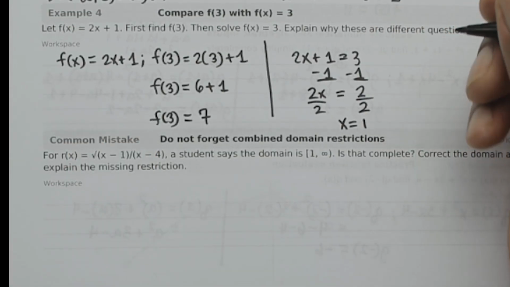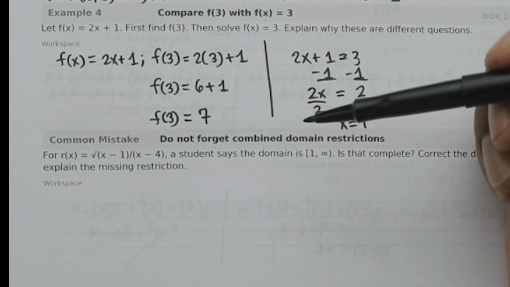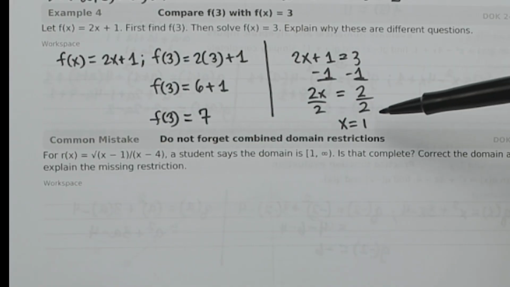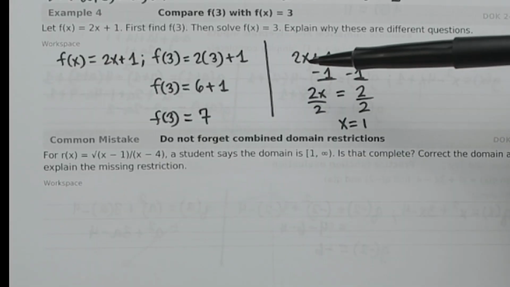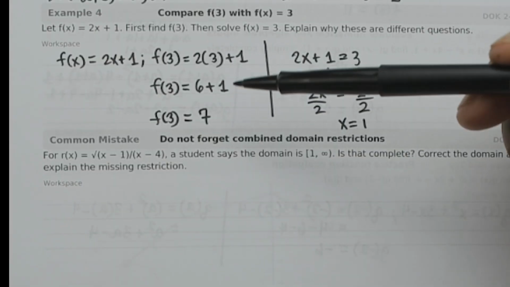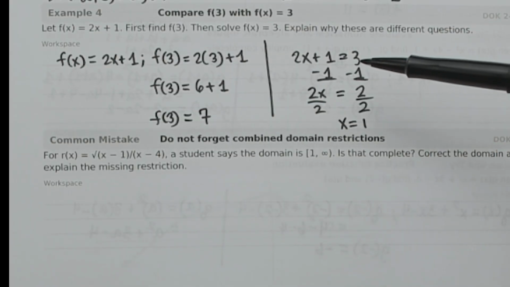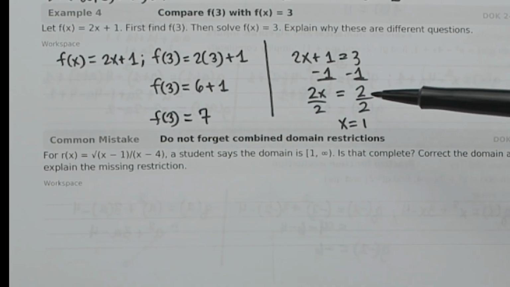So notice, after computing this, we have f of 3 equals 7. And after computing the other one, we have the solution x is equal to 1. F of 3 asks, what is the output when the input is 3? But f of x equals 3 asks, what input gives an output of 3?